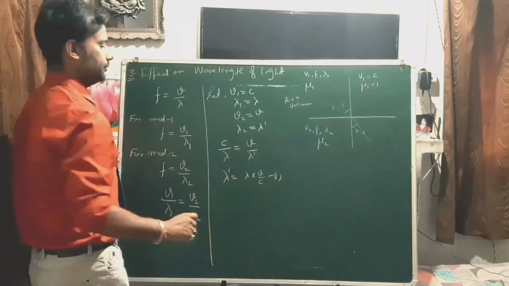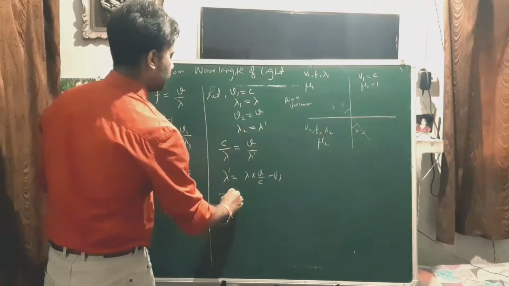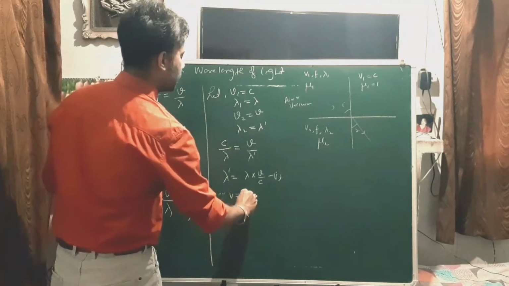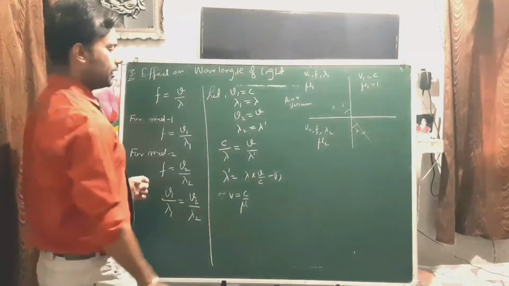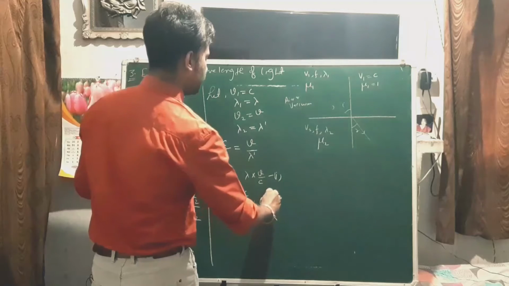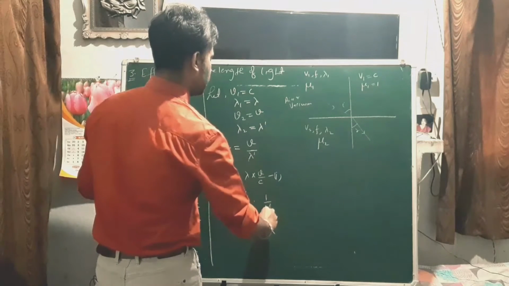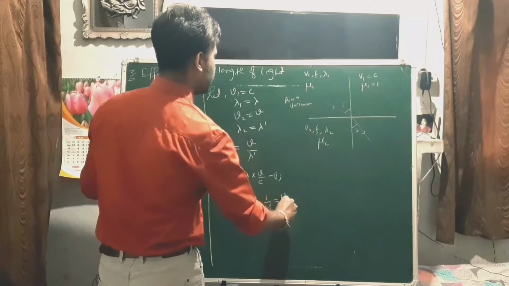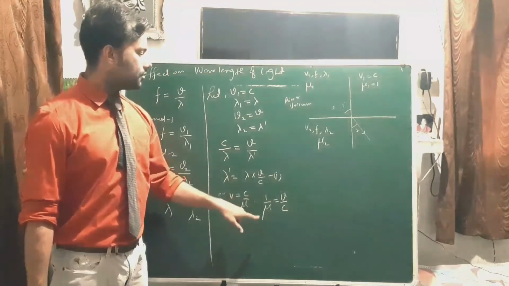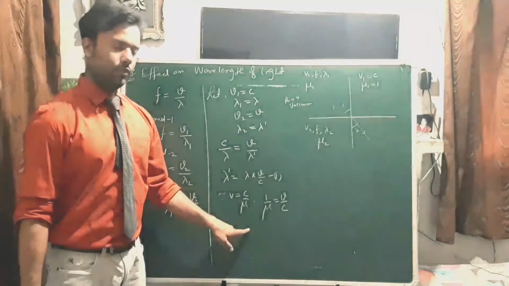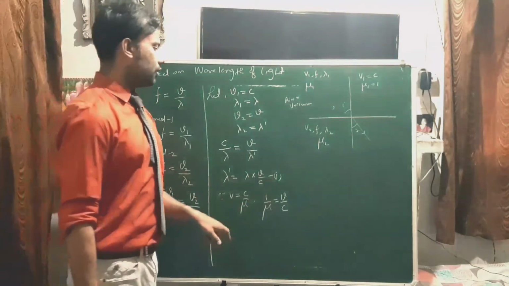You know that v is nothing but c upon mu. That means 1 upon mu can be written as v upon c. So put this value in equation number 1.